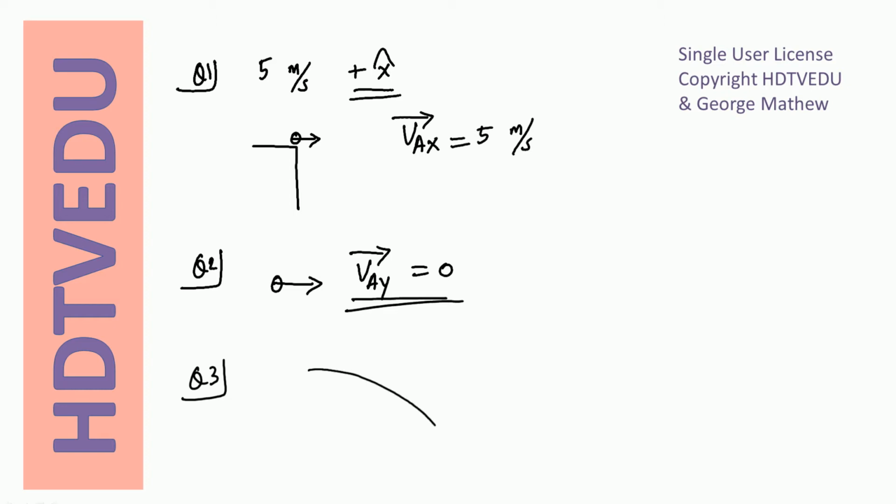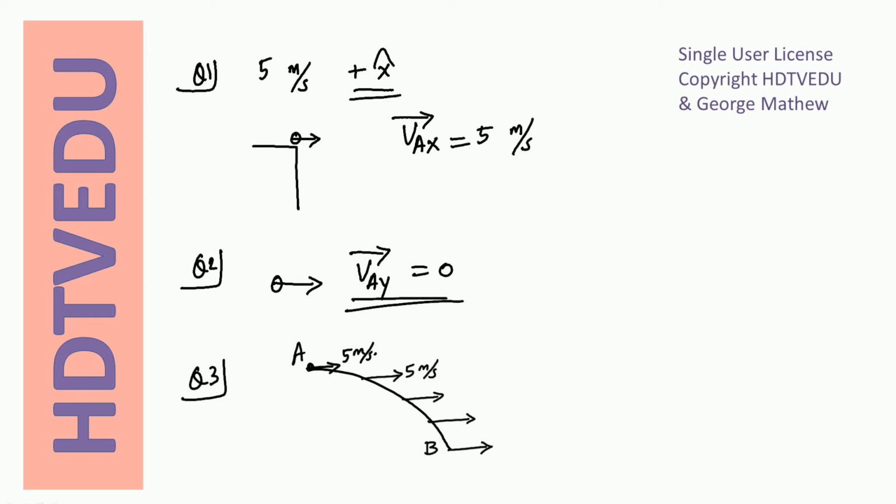When you have something that is falling like that, remember, initially it has 5 meters per second at point A. As it falls, its horizontal velocity of 5 meters per second stays the same at all points.